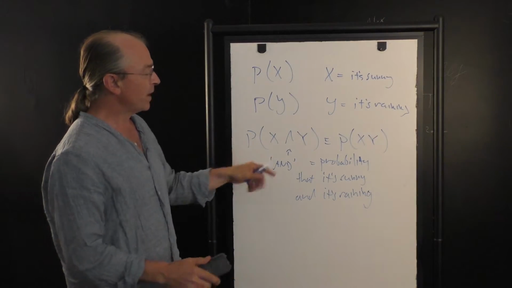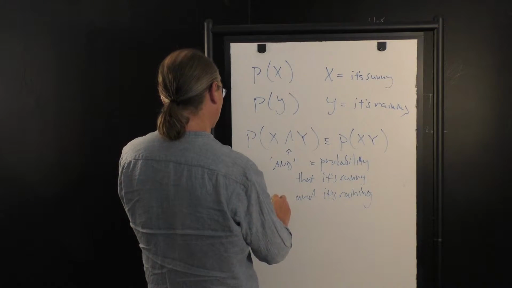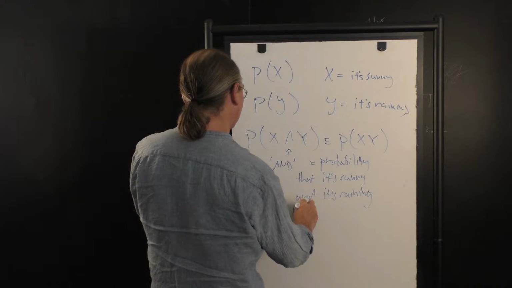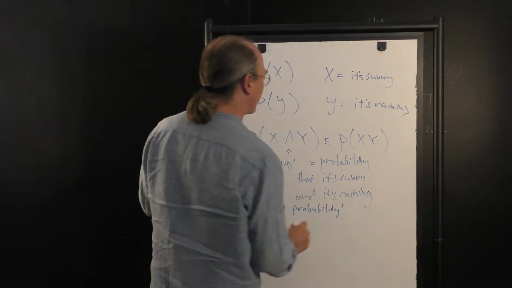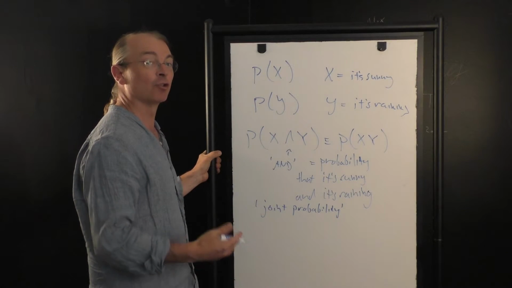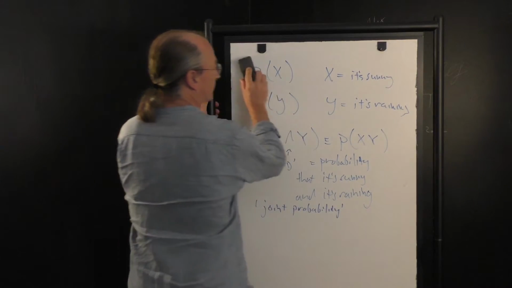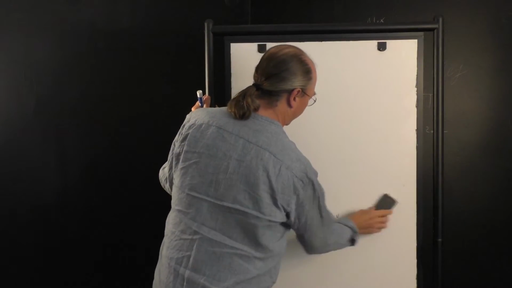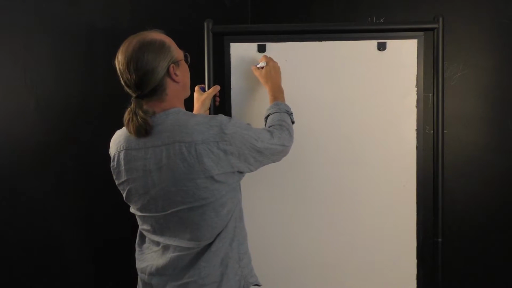So this is what is called the joint probability. The joint probability that it's sunny and it's raining. The joint probability of x and y. And what do we expect of this joint probability?